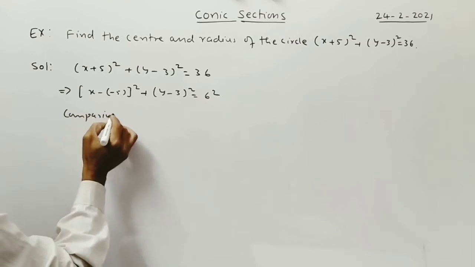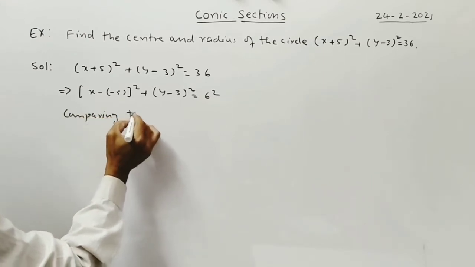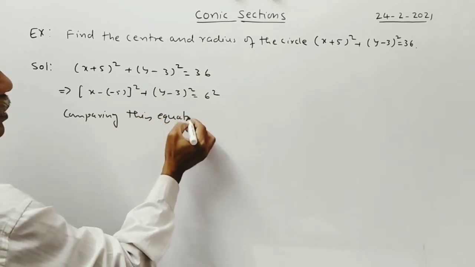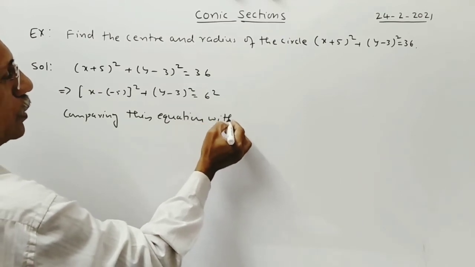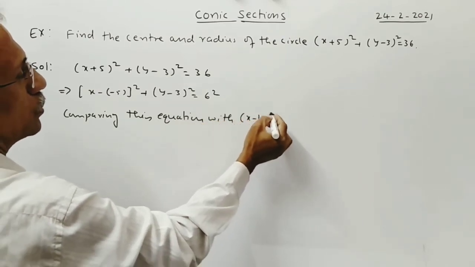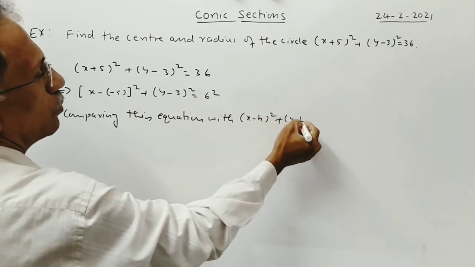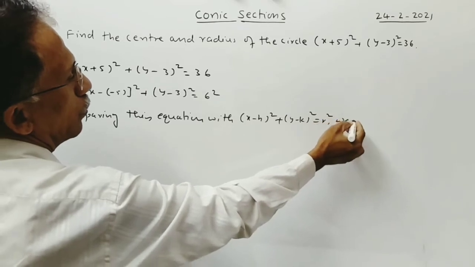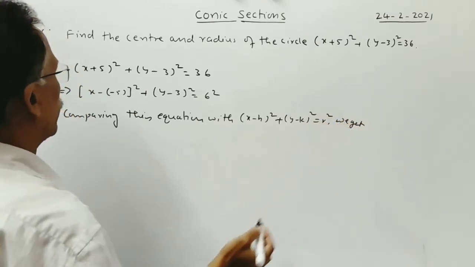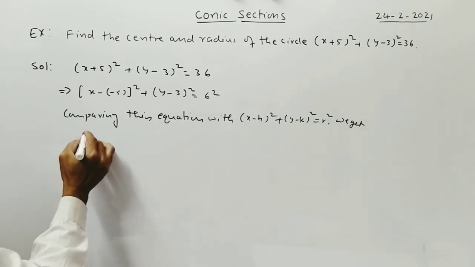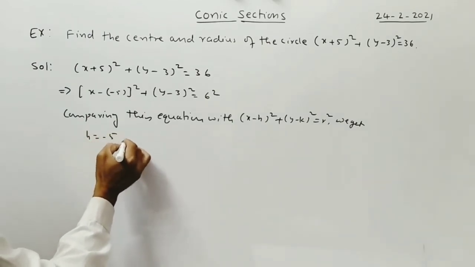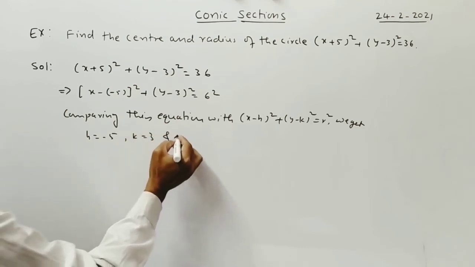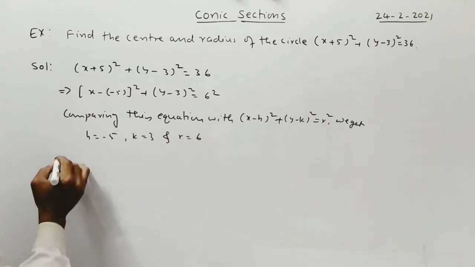Comparing this equation with x minus h whole square plus y minus k whole square is equal to r square, we get h is equal to minus 5, k is equal to 3 and r is equal to 6.